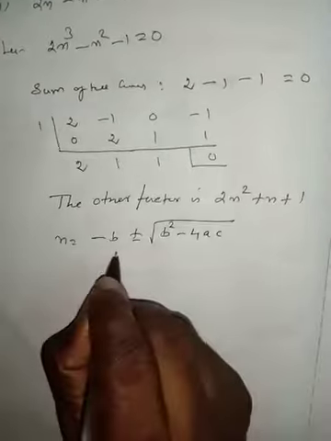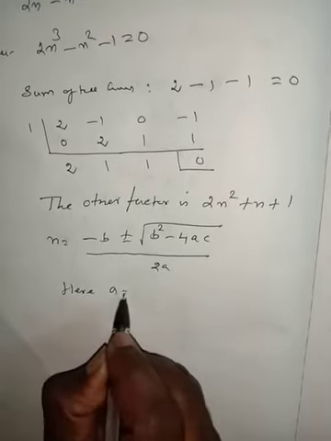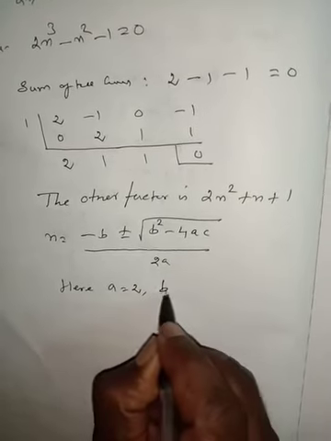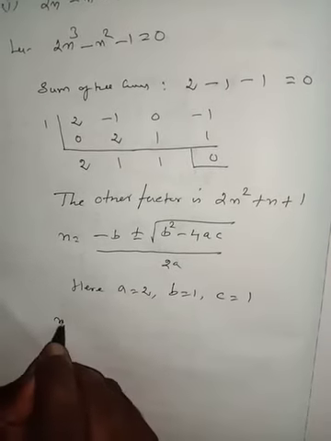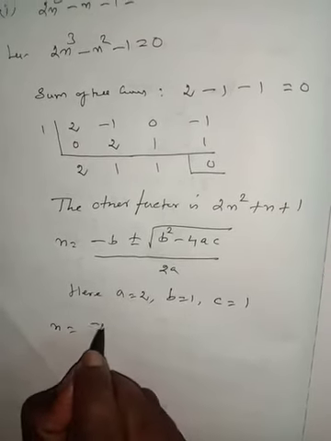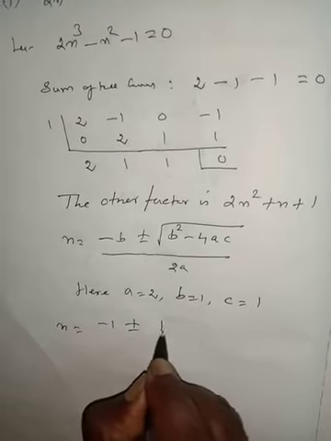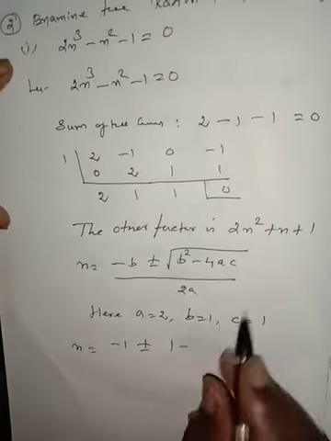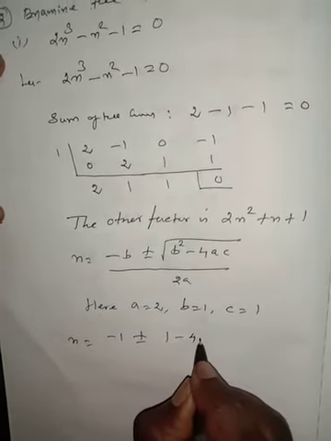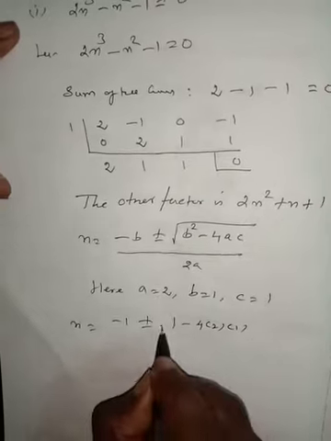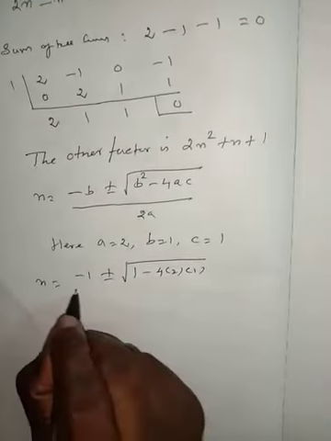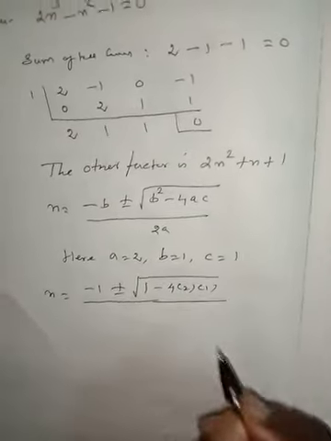Here a is equal to 2, b is equal to 1, c is equal to 1. x is equal to minus 1 plus or minus root of 1 minus 4 into 2 into 1, divided by 2 into 2.